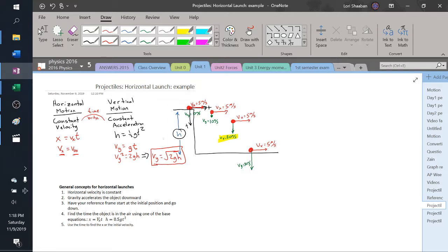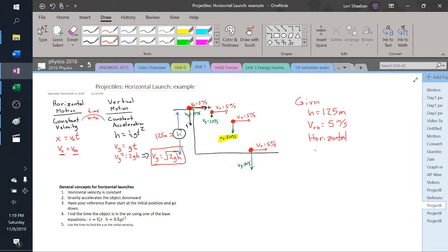Okay, so let's go ahead and do an example. Let's look at this scenario here. Given the height of the cliff is equal to 125 meters, initial velocity in the x direction is 5 meters per second, and we're given that it's horizontal.